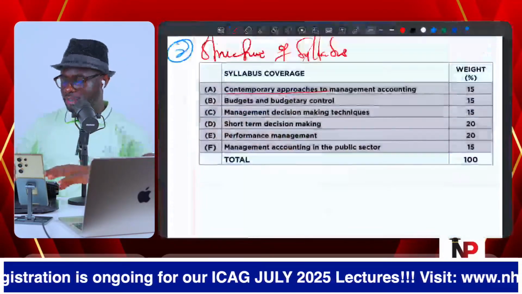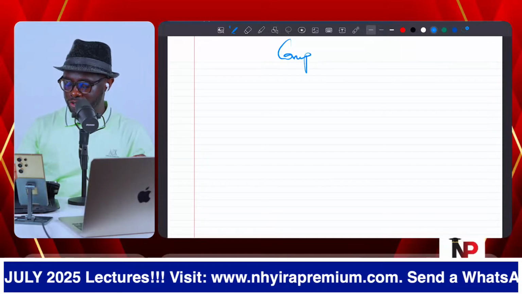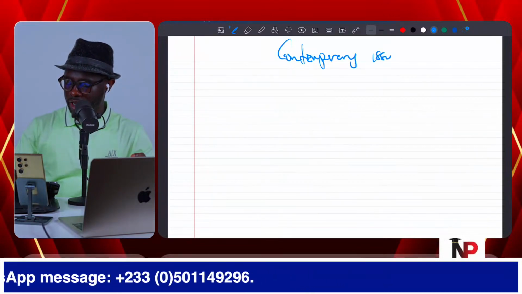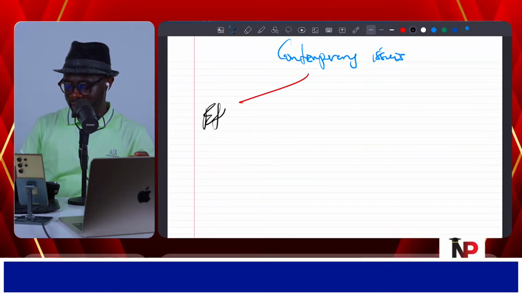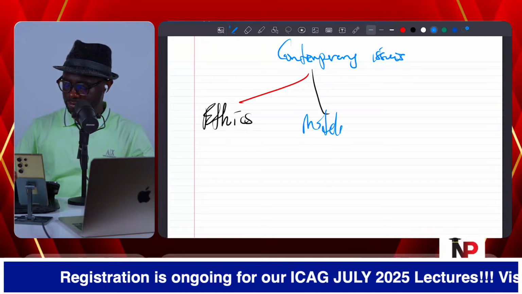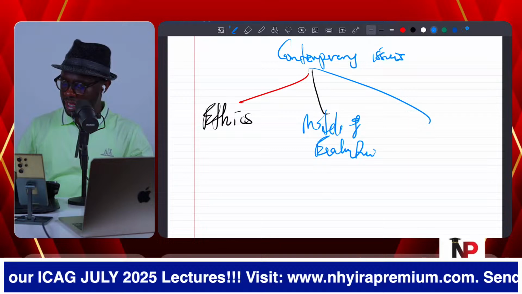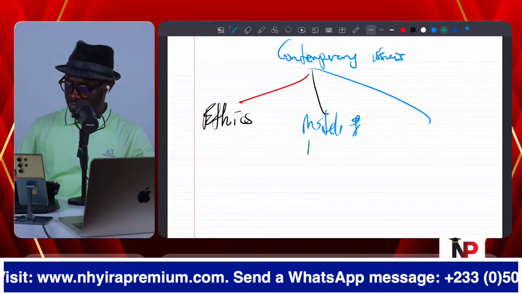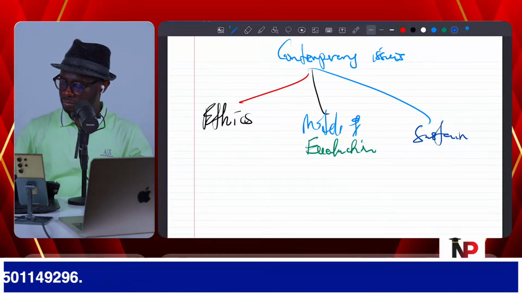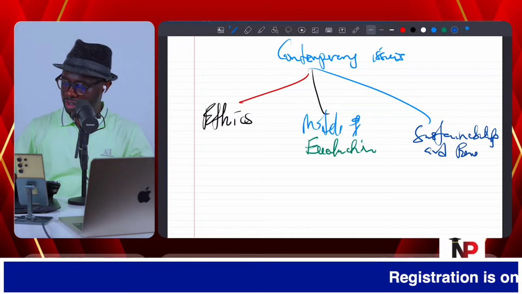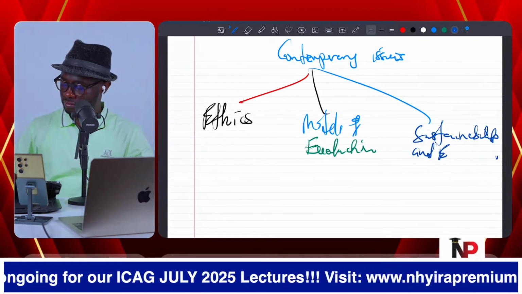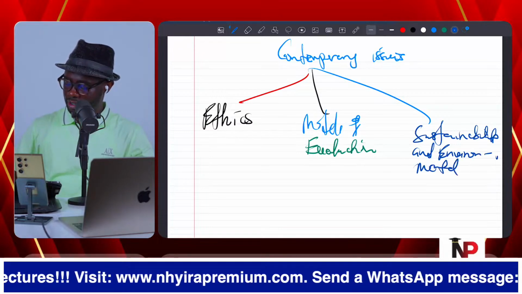Broadly, what you need to understand is that when it comes to the contemporary issues, three things: ethics, models of evaluation, and then environmental issues, sustainability, and environmental issues.